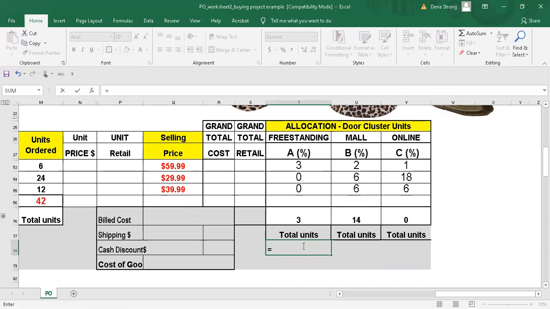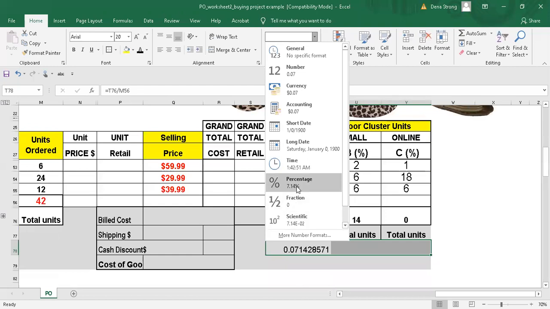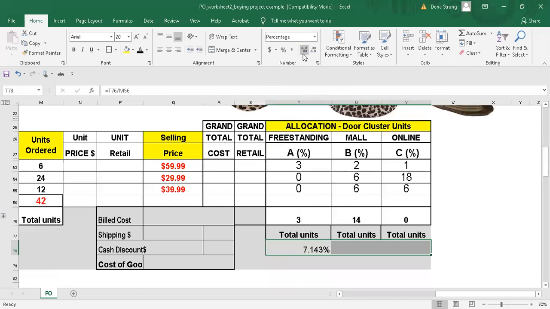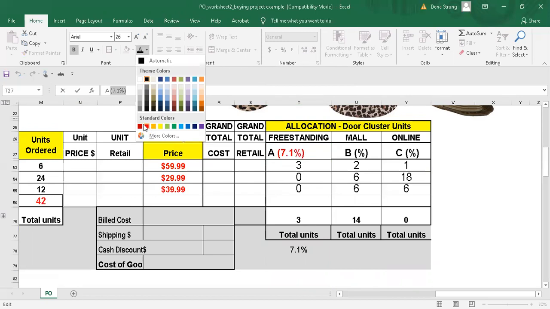I'm just going to do a quick calculation here. 3 hats divided by 42 units total. And we want to make sure the percentages are shown to 1 decimal place. So 7.1% of our hats are going here. Let's type in the allocation of the unit. So 7.1 is the percentage of the units going here.